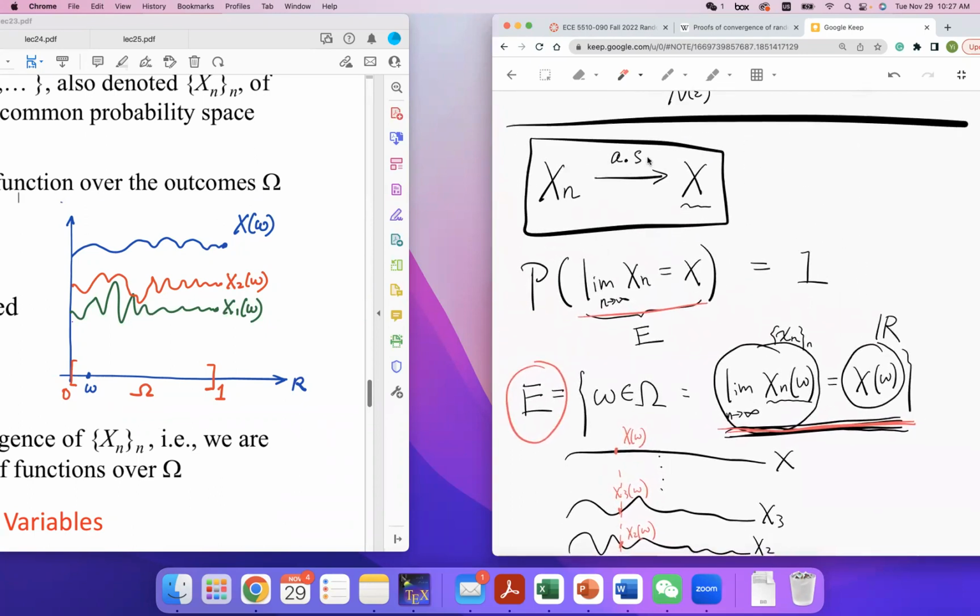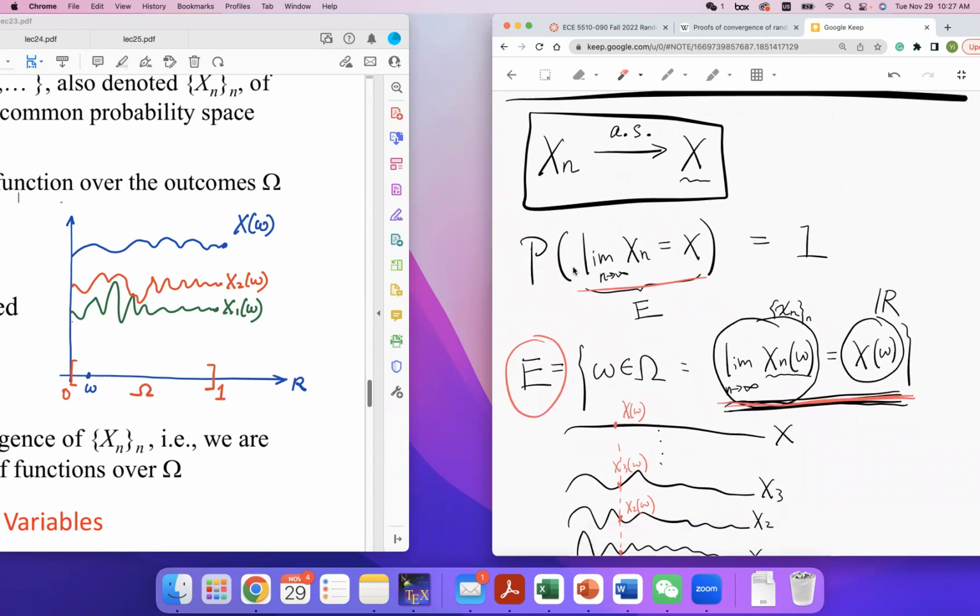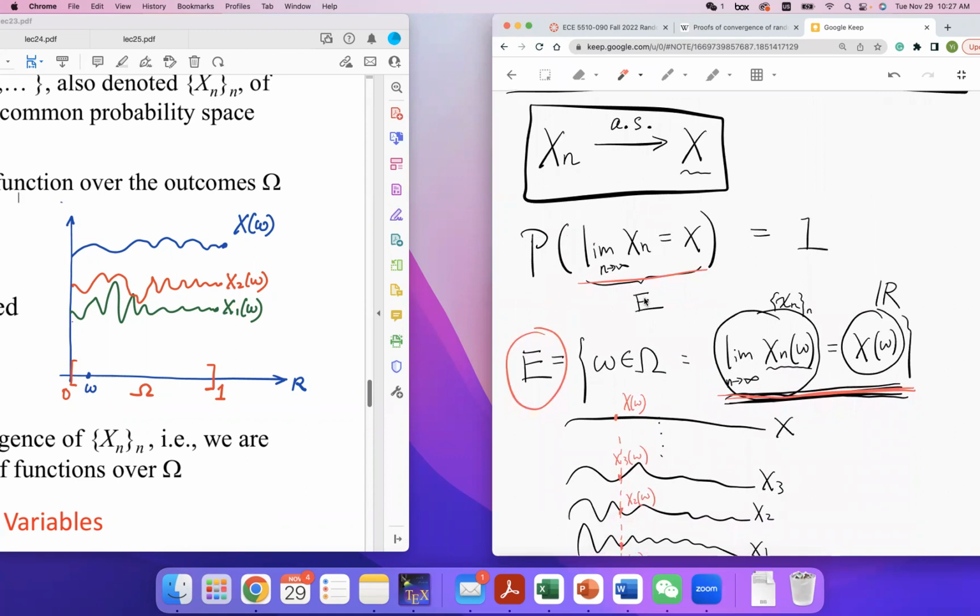And almost sure convergence says that the probability measure of this set E is 1. If you think about the notation that we introduced before, if a set E has probability measure 1, we say that this event E happens almost surely.